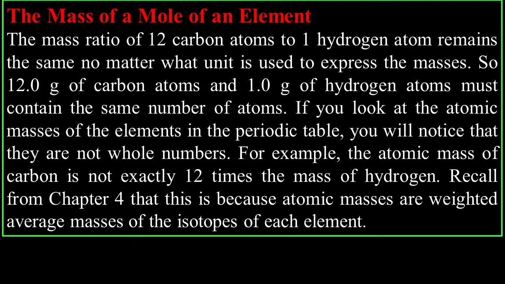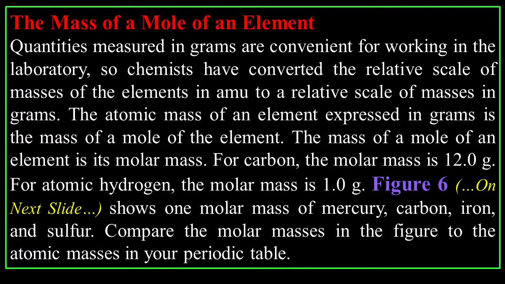For example, the atomic mass of carbon is not exactly 12 times the mass of hydrogen. Recall from chapter 4 that this is because atomic masses are weighted average masses of the isotopes of that element based on percent abundances. So it's an average of all the isotopes.